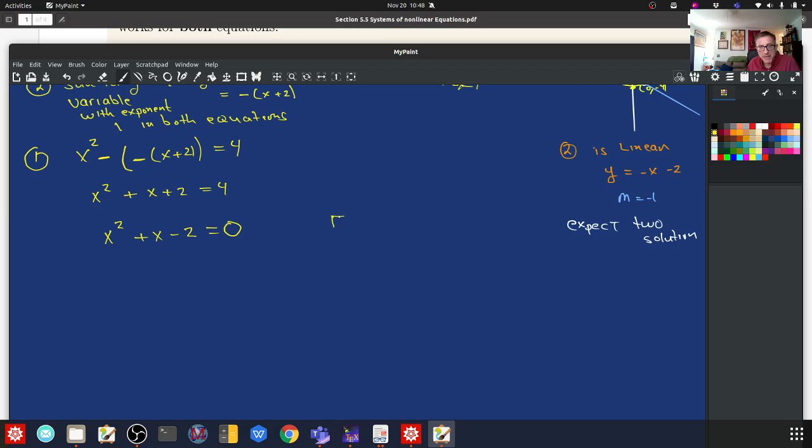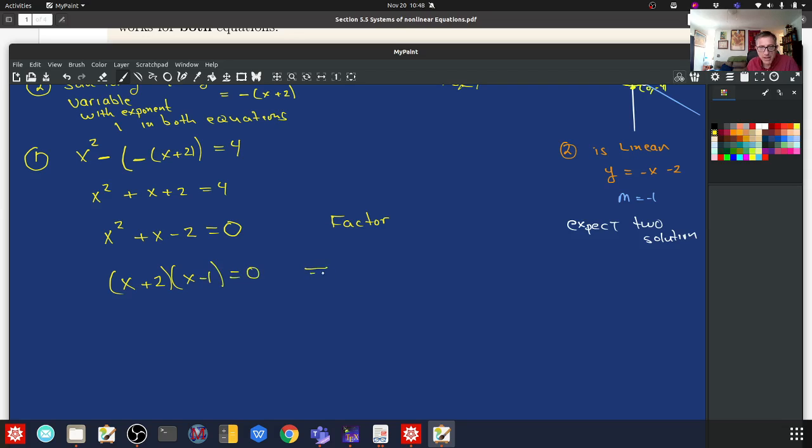So think about factoring. This is something that's easy to factor. If you can't factor, you have to use the quadratic formula. So here, x plus 2 times x minus 1 is the factorization.